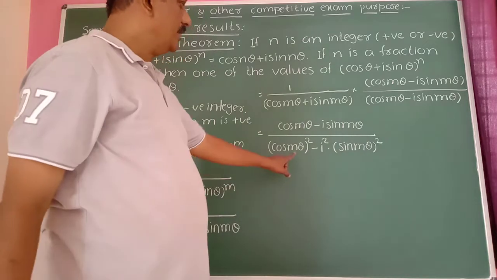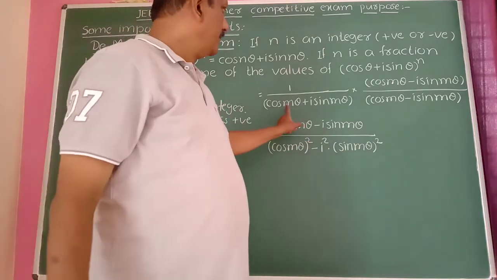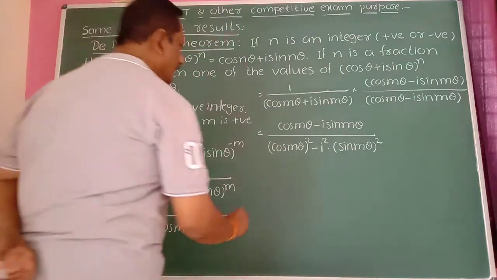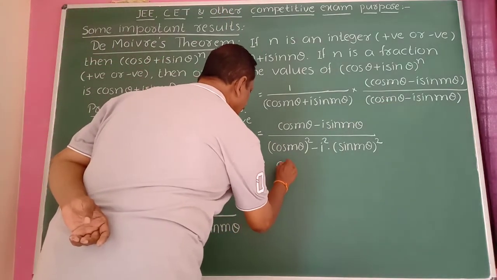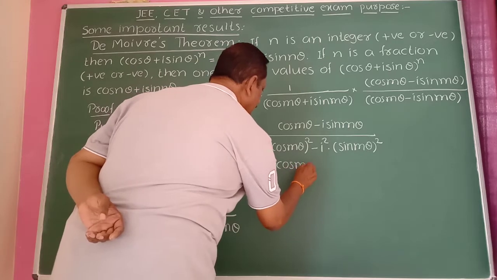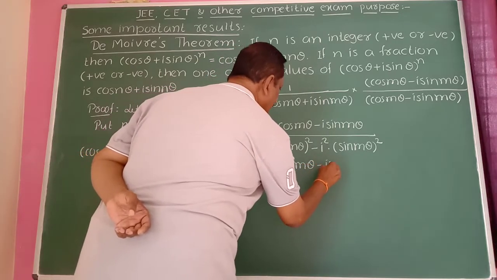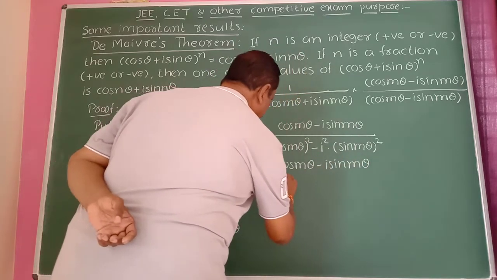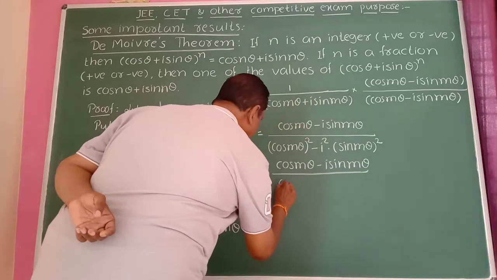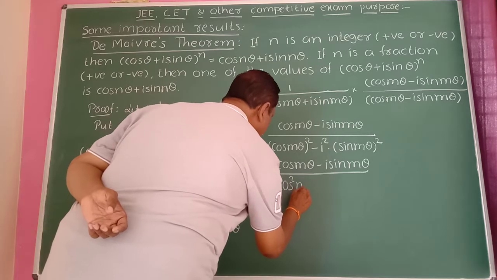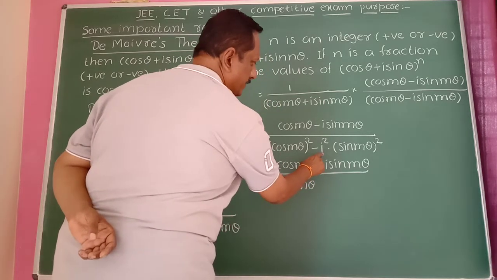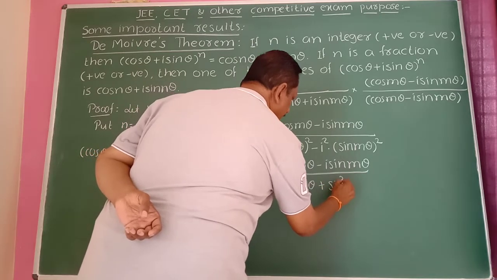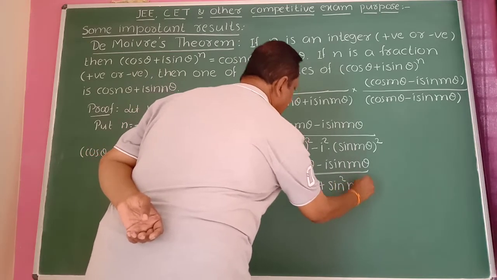You are using the a squared minus b squared formula, (a + b)(a - b) = a squared - b squared. Therefore this is equal to (cos m theta - i sin m theta) divided by cos squared m theta. i squared is minus 1, minus and minus become plus, so plus sin squared m theta.